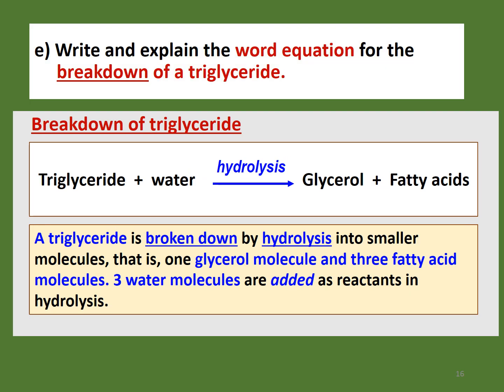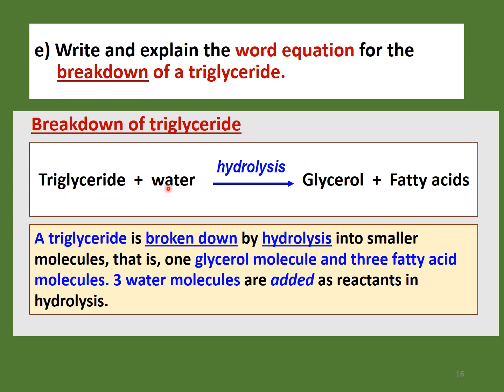The last question in the learning outcomes is to write and explain the word equation for the breakdown of a triglyceride. Just now it was the formation, now it's the breakdown. The equation is also a word equation, using only words, no chemical formulas needed, and it's the reverse of condensation.